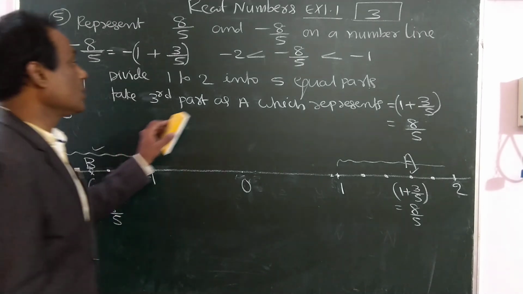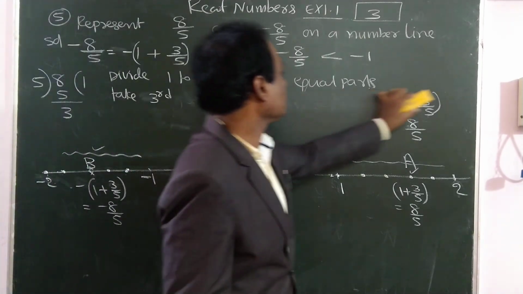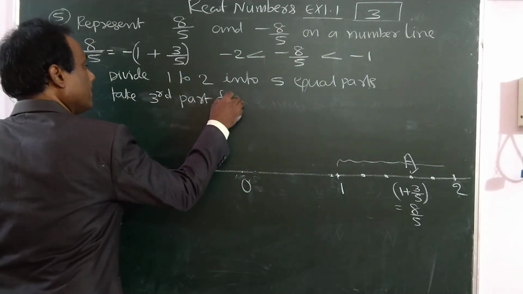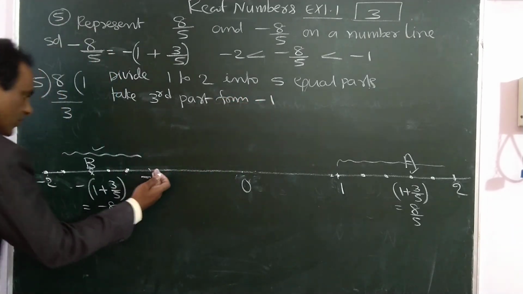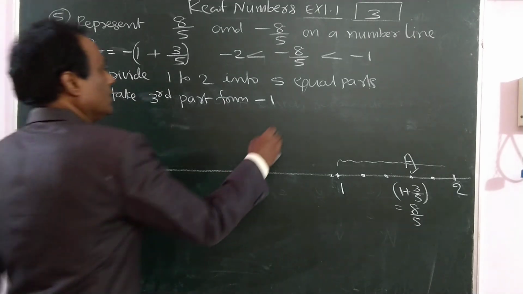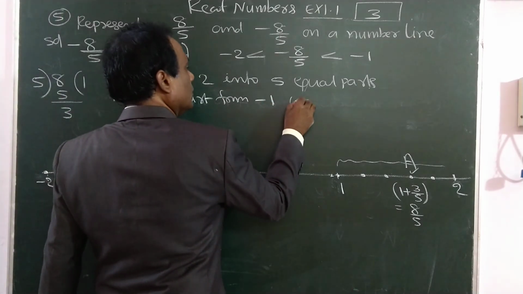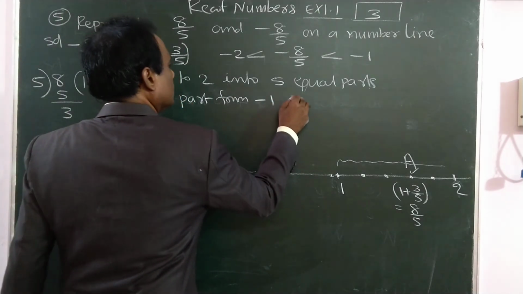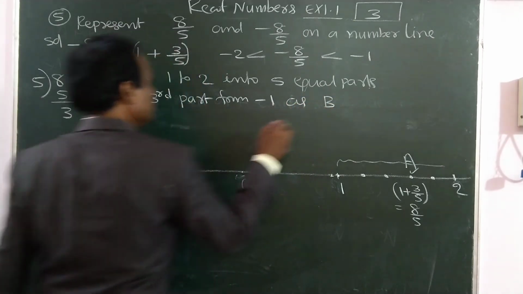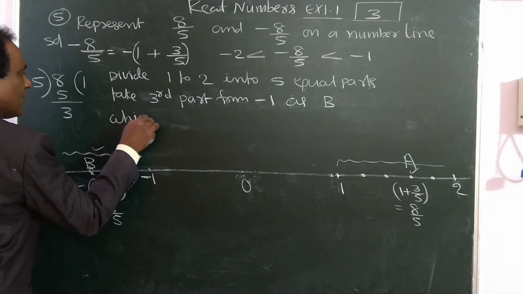Take the third part starting from minus 1, this side. First part, second part, third part, as B, which represents our number.